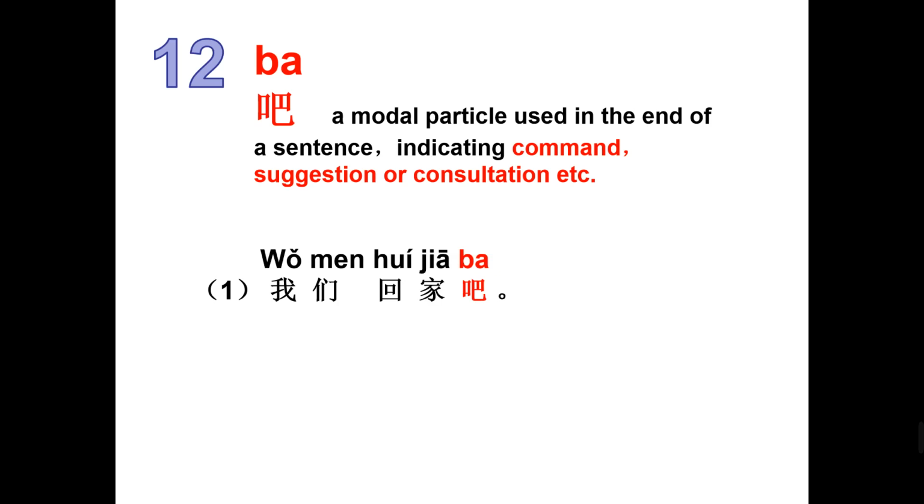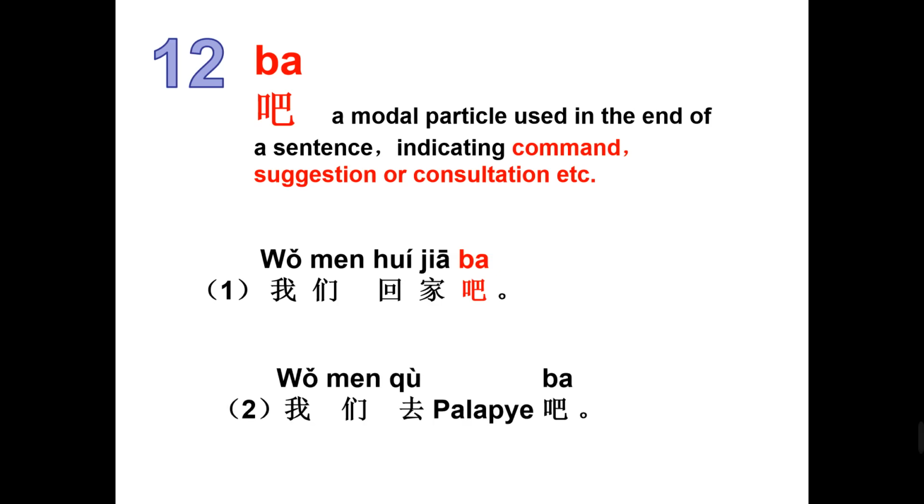It is a kind of suggestion. 我们回家吧。Okay. The second sentence. 我们去啪啦配吧。Let's go to 啪啦配。Yeah.